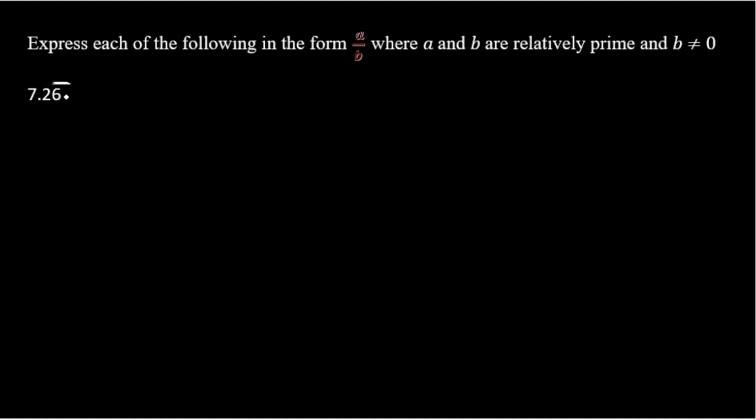Okay, let's move to the second one. So the second one, we have 7.26, like that. If I may ask, where is the point? The point is here. Remember, the first equation says that we need to get the point in front of a number that is repeating. So which number is repeating? 6 is repeating.